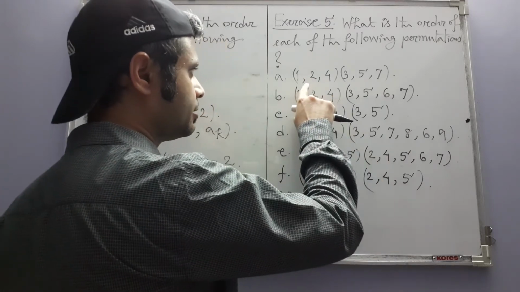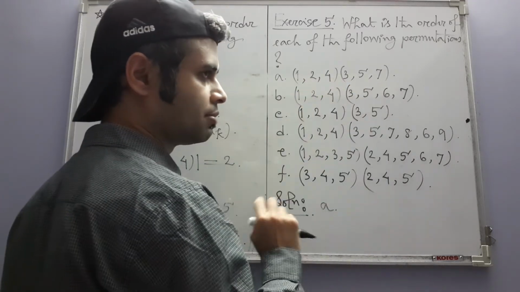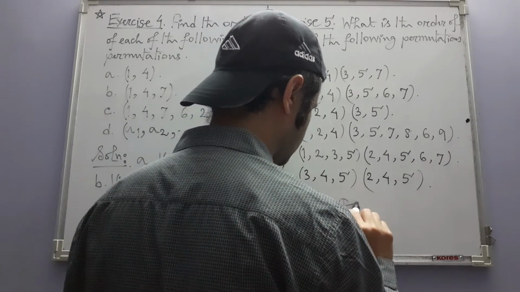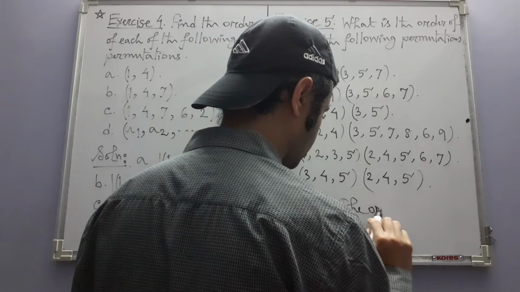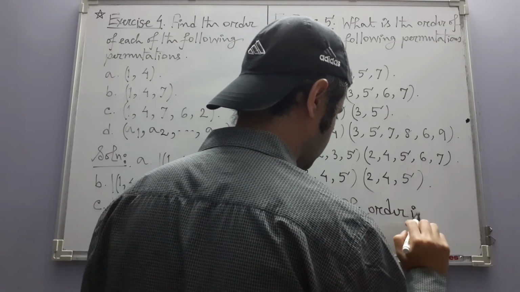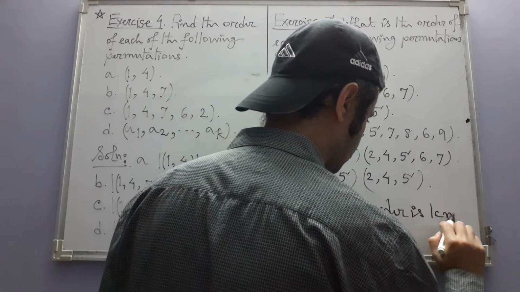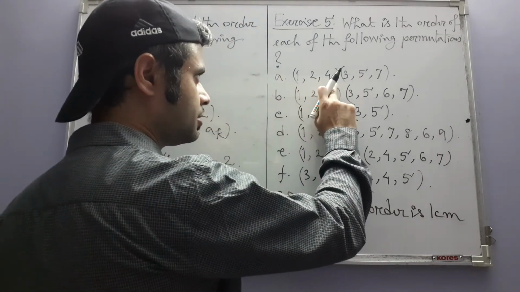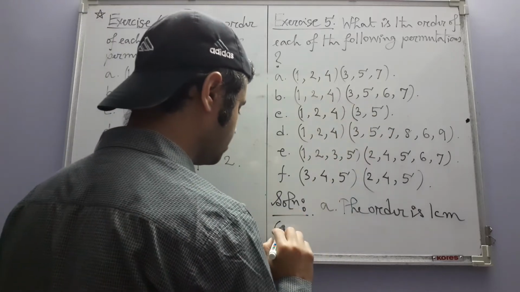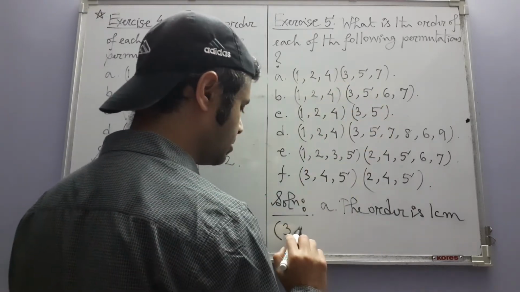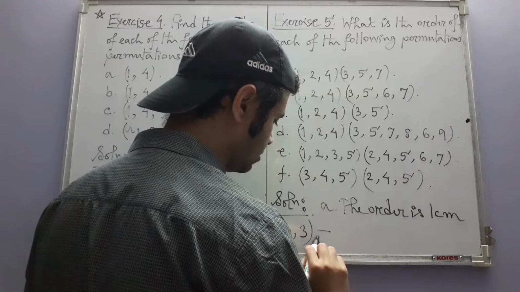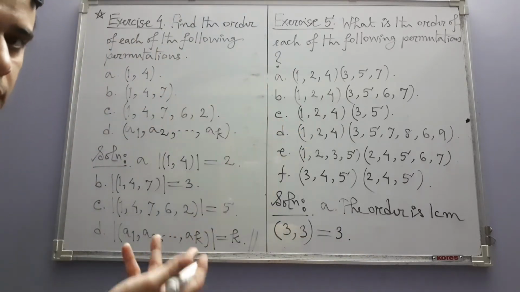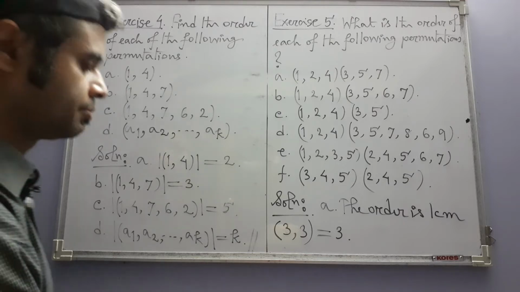Here the cycles are disjoint, (1 2 4)(3 5 7), no symbol is common to them. So here you just simply write the order is the LCM of, the order of this is 3 because it's a 3 cycle, and this one is also a 3 cycle. 3 and 3, so this is equal to 3. So this itself has order 3.